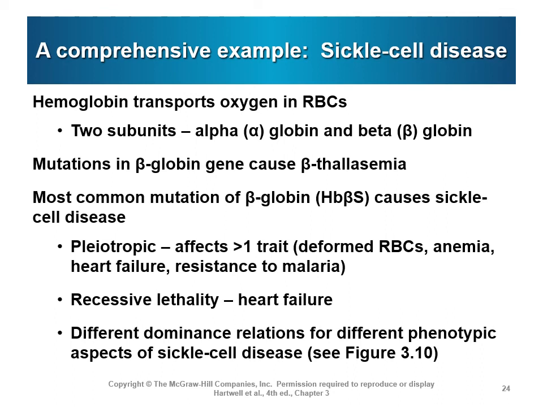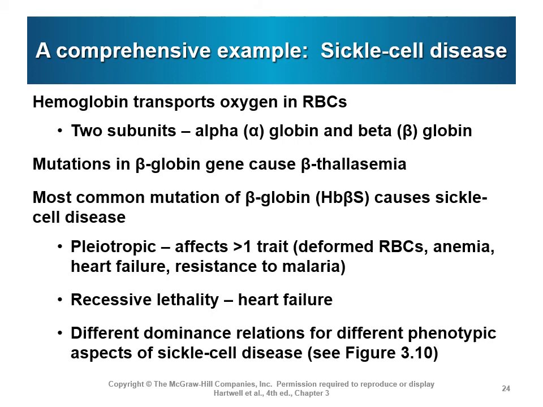Mutations in the beta globin gene cause beta thalassemia, a disorder that reduces the production of hemoglobin. The most common mutation of beta globin, HB beta S, causes sickle cell disease. It's a single amino acid mutation, glutamic acid to valine.